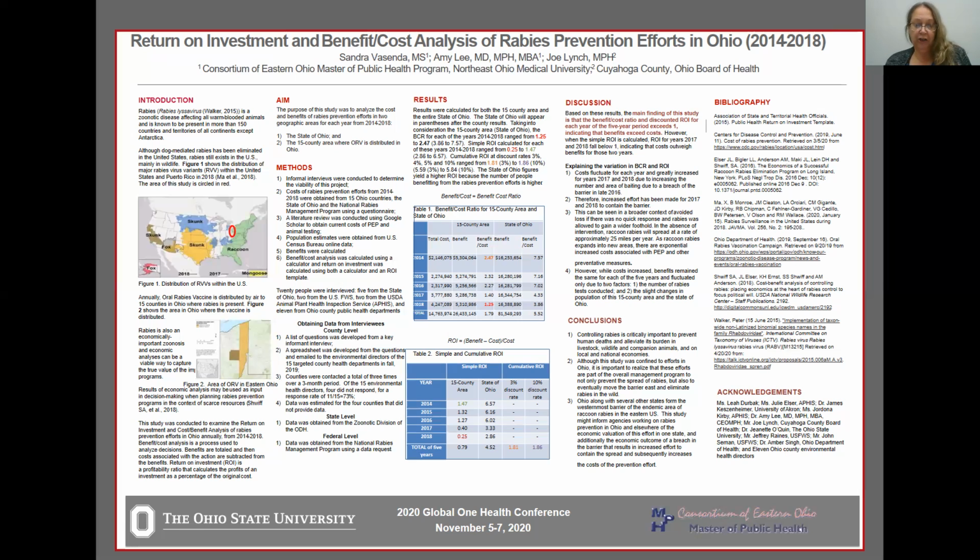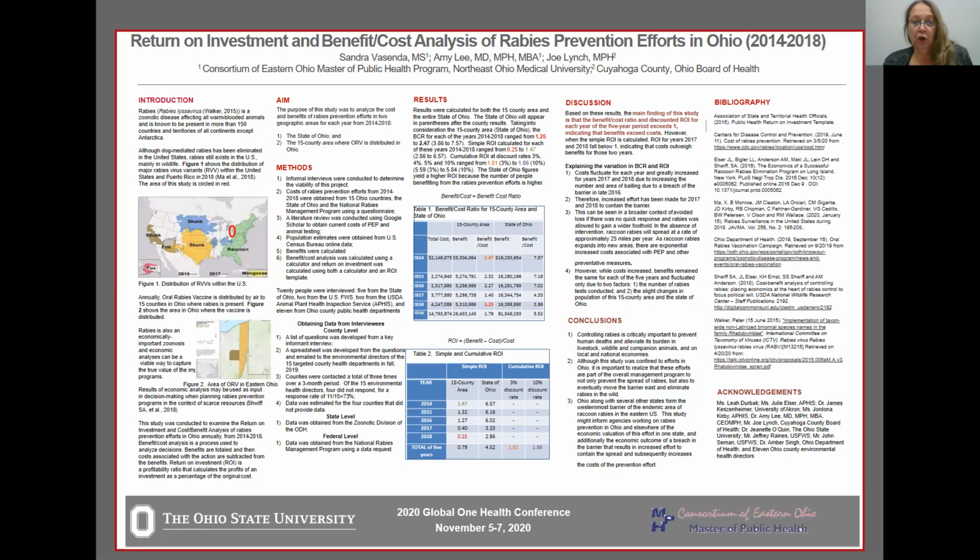Benefit cost ratio ranged from 1.25 to 2.47 for the 15-county area, and it ranged from 3.86 to 7.57 for the entire state of Ohio. This increase in the BCA for the state of Ohio can be attributed to the increased number of beneficiaries in the state as opposed to the number of beneficiaries only in the 15-county area.